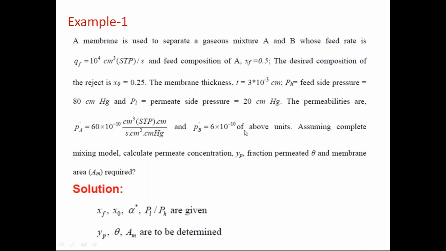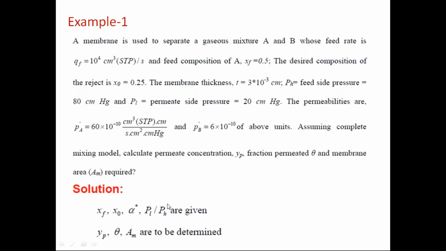And then this is the permeability of the second component. Assuming the complete mixing model, calculate the permeate concentration, that is YP, the fraction permeated, that is theta, how much is permeating through the membrane, and the membrane area. As I explained in case 1, XF is known, X0 the desired value is given, and alpha star you can calculate from these two values.